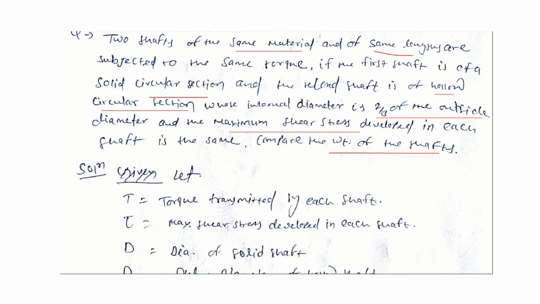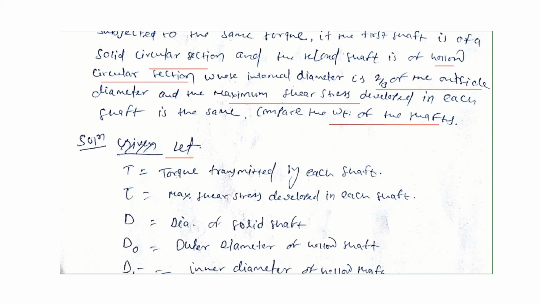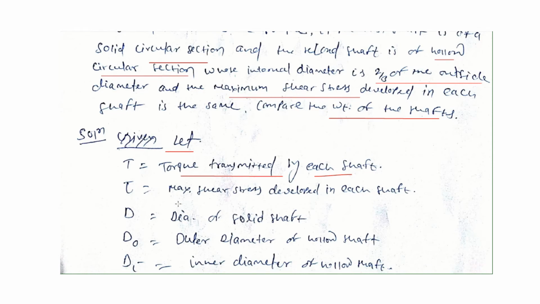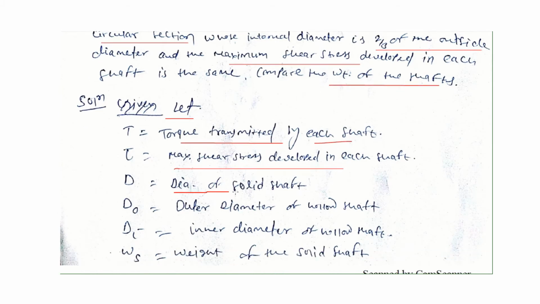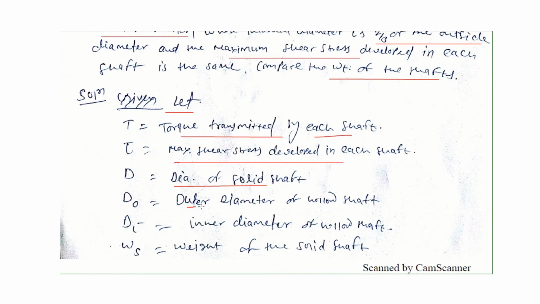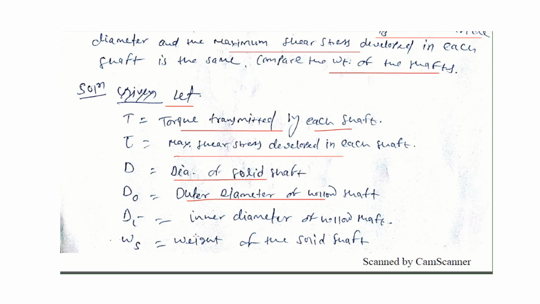So first, let torque T be transmitted by each shaft, because the torque is the same, and the shear stress developed in each shaft is also the same. D is the diameter of the solid shaft, D outer the diameter of the hollow shaft, D inner.